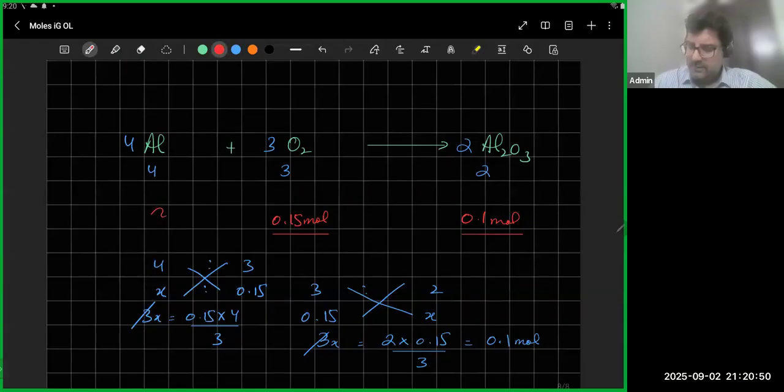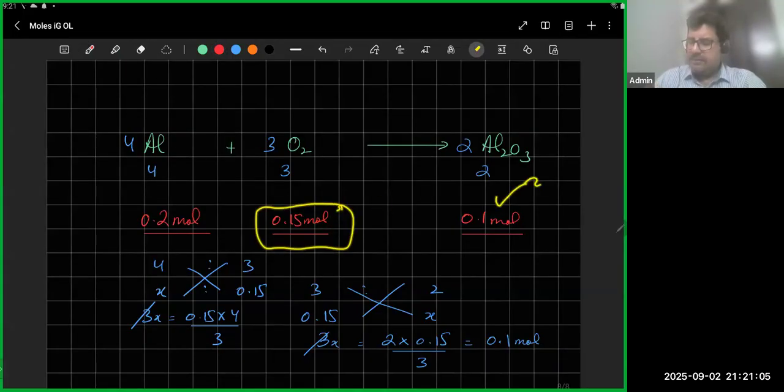Confirm, it is 0.2. That's 0.2 moles. So is this clear that you had the moles of one thing and you were able to figure out the moles of the other things? The equation told you the ratio in which they're going to react. Is that clear?